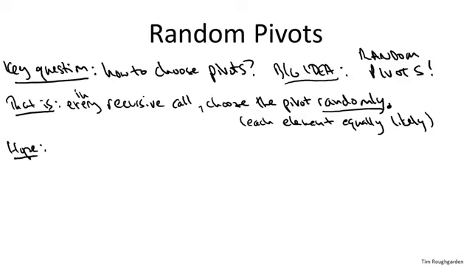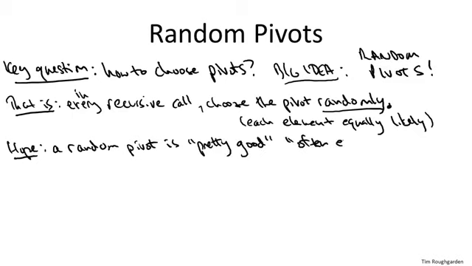Well, first, at a very high level, what would be the hope or the dream? The hope would be, random pivots are not going to be perfect. You're not going to just guess the median, or you only have a 1 in n chance of figuring out which one the median is. But the hope is that most choices of a pivot will be good enough. So that's pretty fuzzy. Let's drill down a little bit and develop this intuition further. Let me describe it in 2 steps.